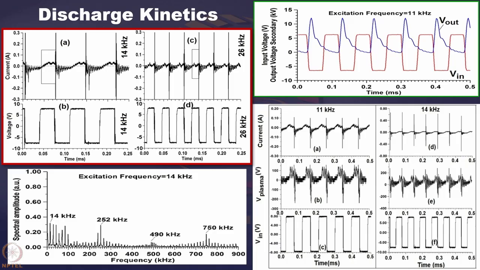So you can vary the frequency at which you apply the external switching. If you do that, you see at 11 kilohertz we are seeing this, and at 14 kilohertz, and these two different frequencies we have shown. And everywhere what we are seeing is the oscillating nature of the current, with positive current and negative current. These features are always present there, and these are the plasma oscillations.